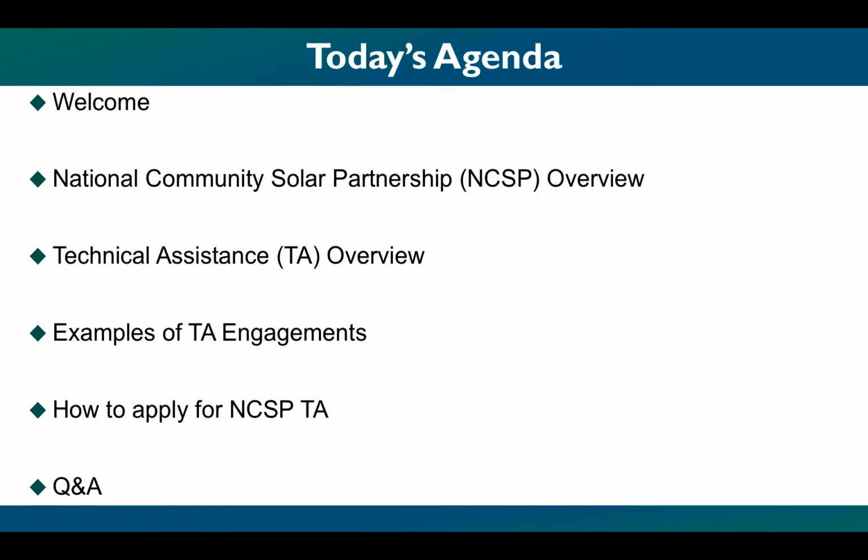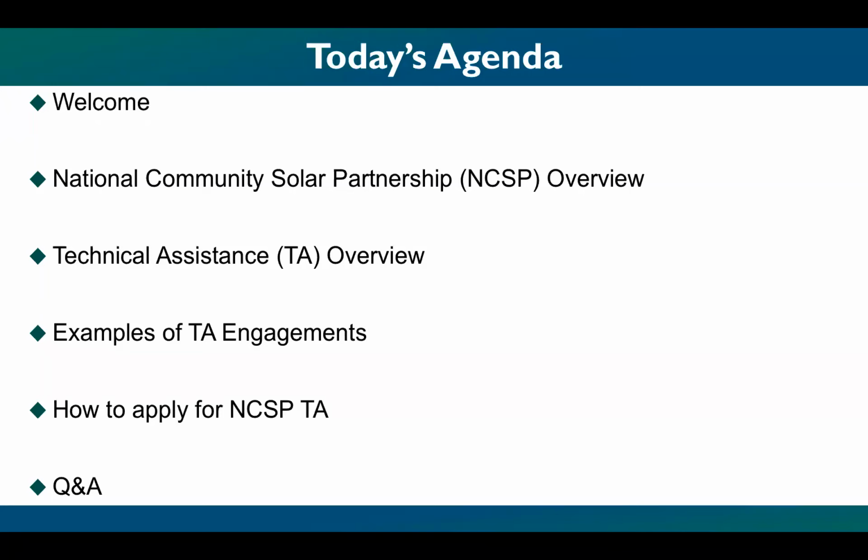We will begin today with a quick welcome. Then I'll give an overview of the National Community Solar Partnership. After that, I'll give an overview of the technical assistance that's available through NCSP.